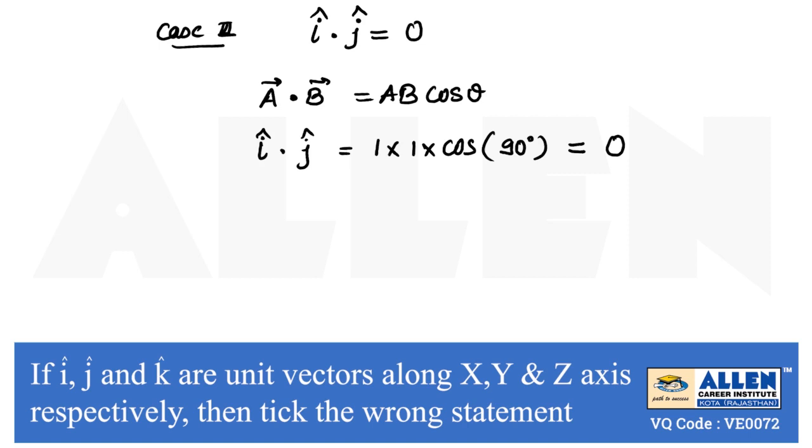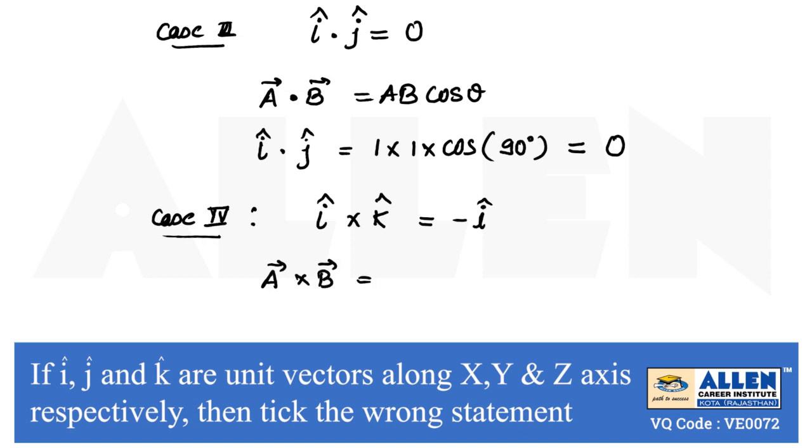Now moving on to the next case, that is case 4, in which it is given i cap cross k cap is equal to minus i cap. So we will check whether it is correct or not. Again we will use the cross product, that is A cross B is equal to AB sin theta n cap. Again n cap is the direction of the resultant, which can be determined by using the right hand thumb rule.